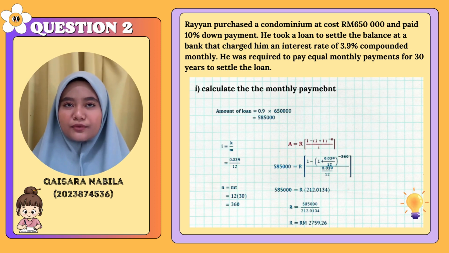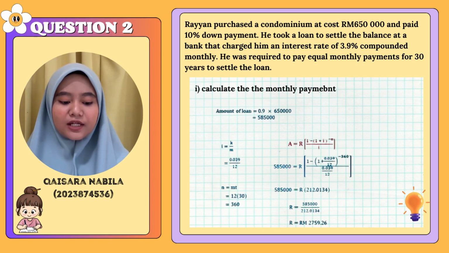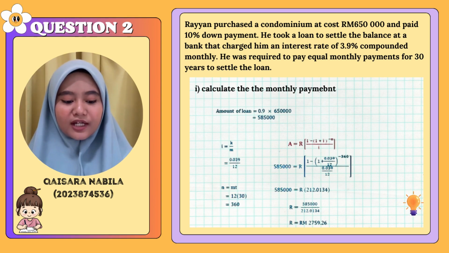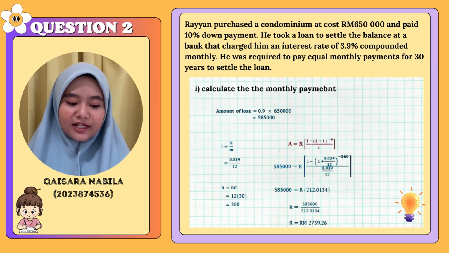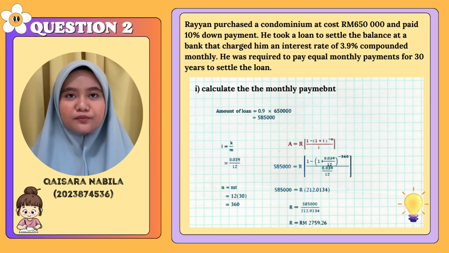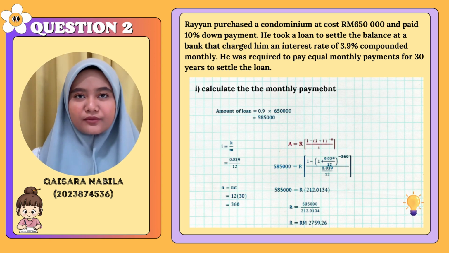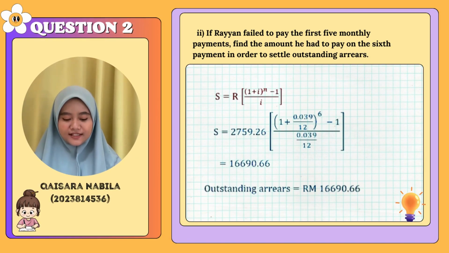Next we will use this formula, which is A equals R(1 minus (1 + i)^-n) per i. So we just put the answer that we got just now into the formula and we will get the final answer. Next we will go to the second question.